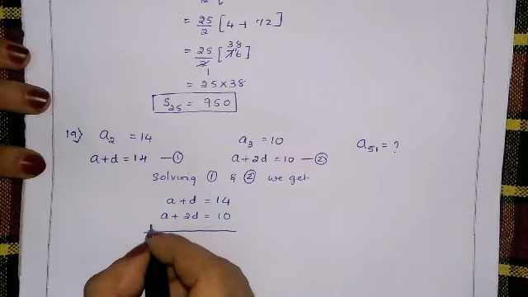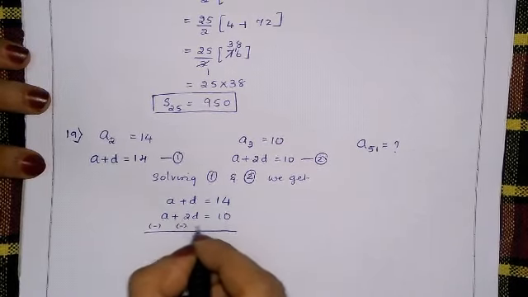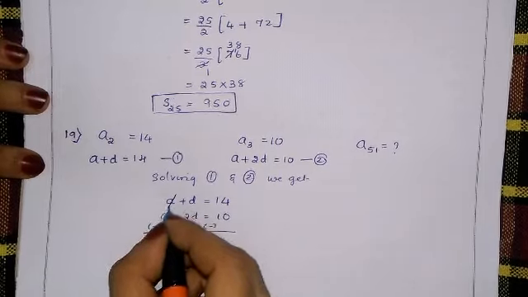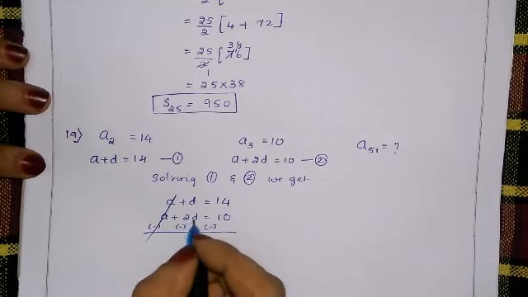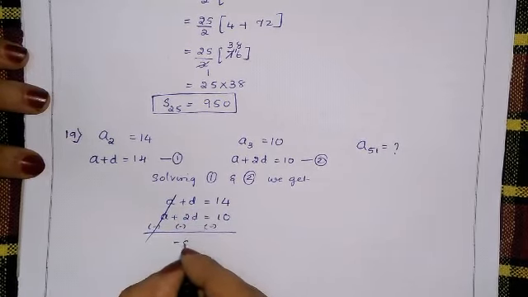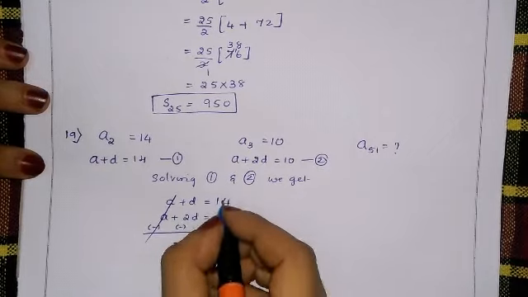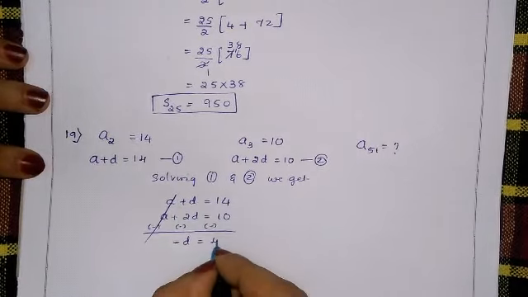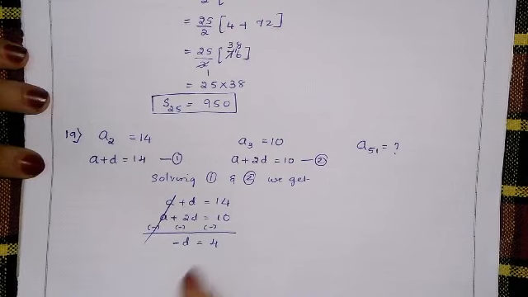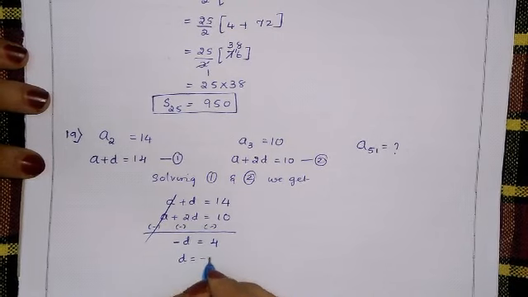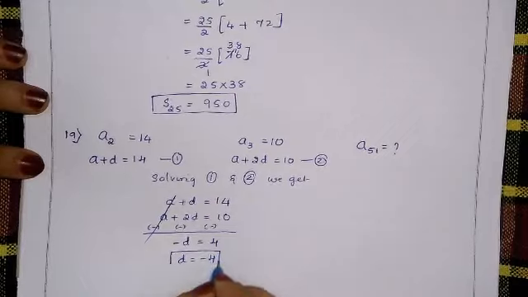Let us cancel A by changing the sign. Minus 2D plus D is minus D. Minus 10 plus 14 is 4. So D is equal to minus 4.